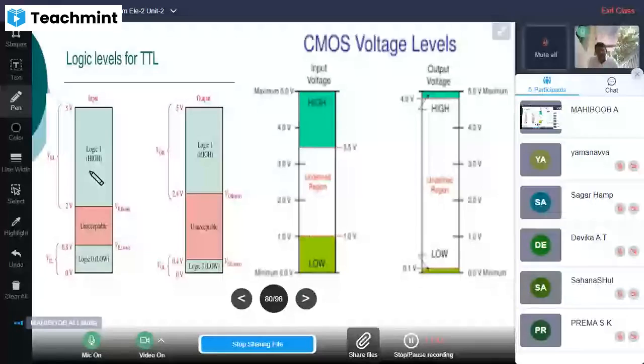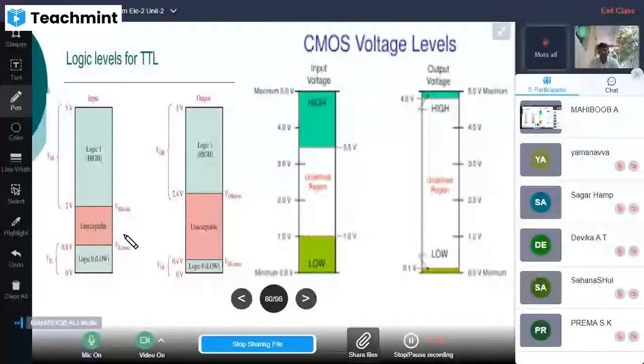So 2 to 5 volts is logic high, and 0 to 0.8 is logic low. This 0.8 is called VIL maximum, whereas for high, VIH minimum is 2 volts. Exactly at 2 volts and above, it is high. In between, it is a forbidden or invalid state.